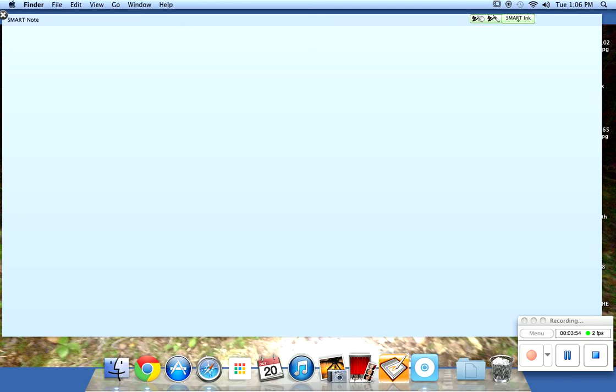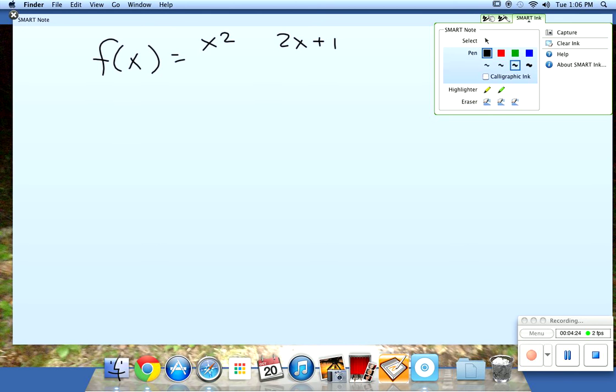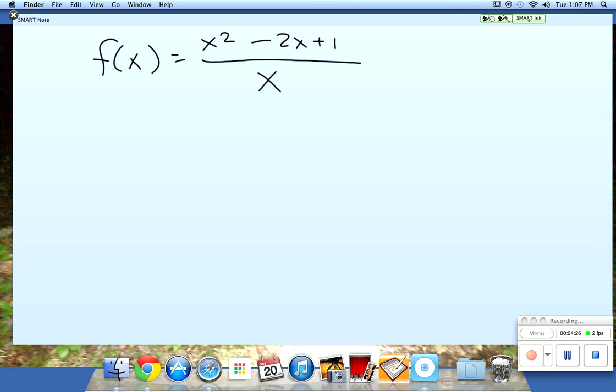All right. The slope asymptote. This one's a little bit more difficult. Let me use an example right out of the book. f of x is x squared minus 2x plus 1, all divided by x.